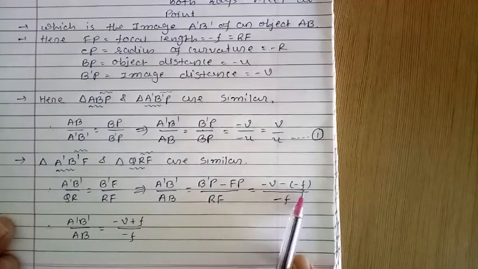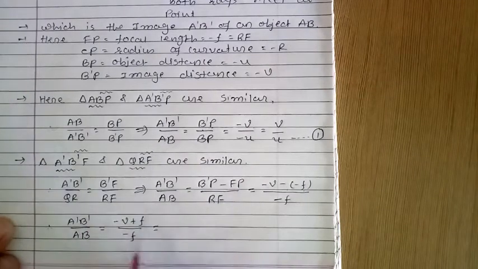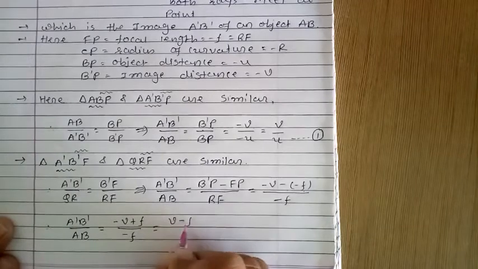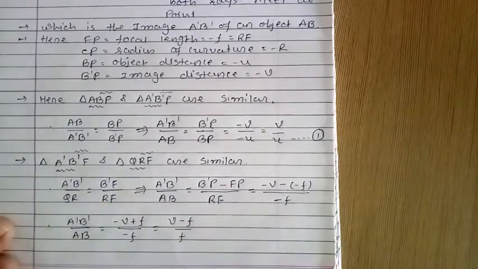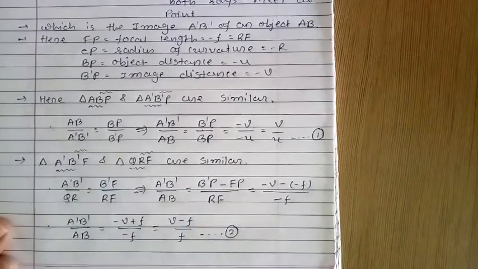Minus V plus F upon minus F. If we take minus common, V is positive and F is negative, this minus cancels, so we can say that V minus F upon F. This is our equation number 2.